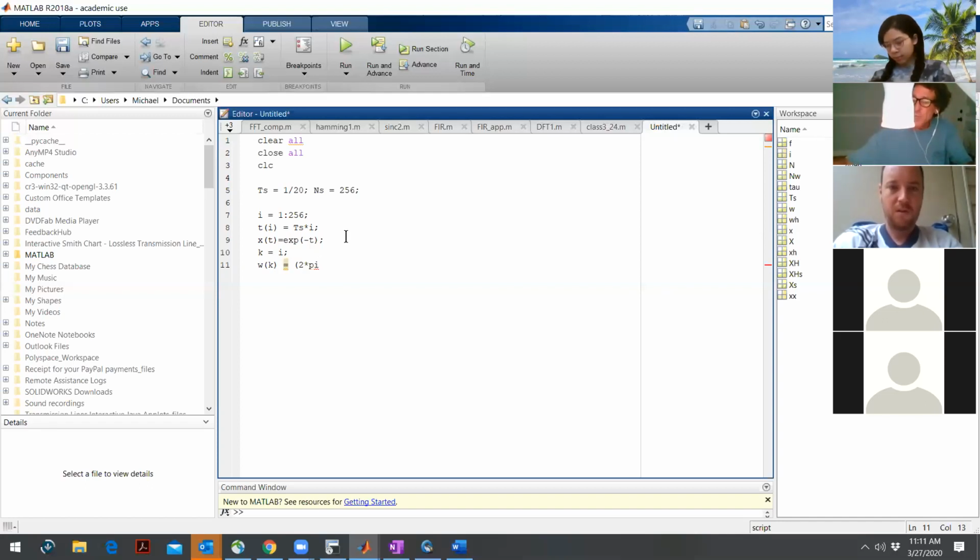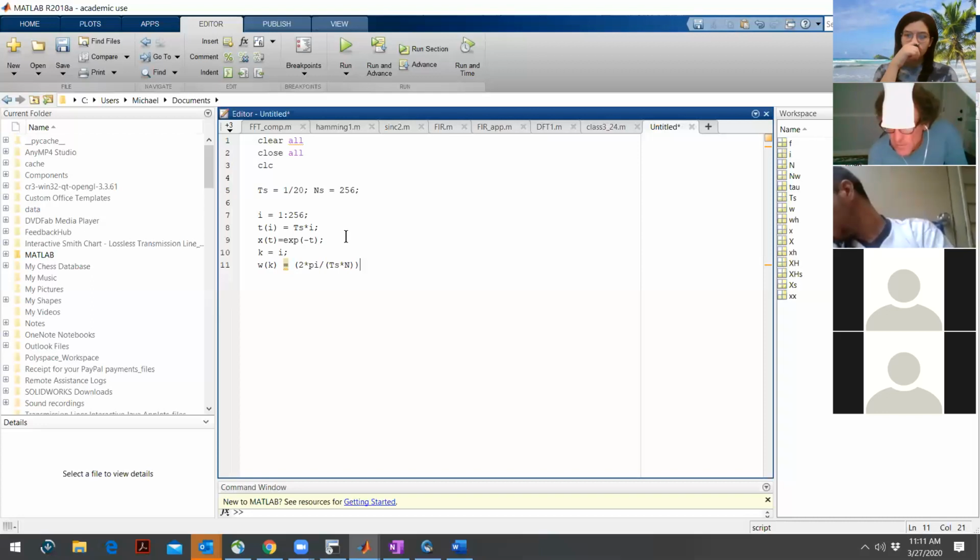Its range is 2 pi, right? But since we have a finite series, we have to divide it by N. Now these will be discrete frequency points. But that's still in the capital omega domain. If I want to compare it in the small omega, in the continuous frequency domain, what I have to do is take that and divide it by TS. So I take TS times that. Now I have the delta of omega that I can compare directly to a Fourier transform. Follow me?